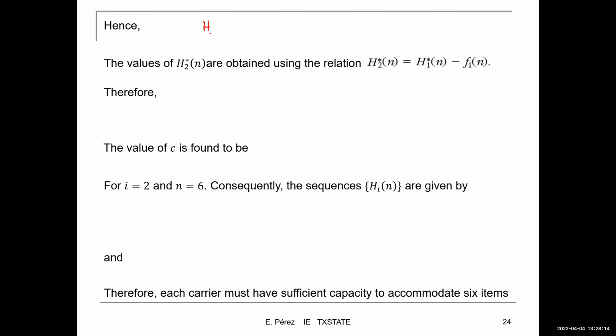So we have H1 star of n equals this set of numbers: 0, 1, 2, 3, 4, minus 1, and 0.